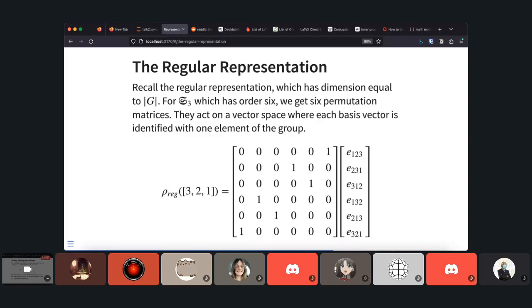Does that make sense? Is there anyone who doesn't believe that for this representation, which is way too big, on the identity there are ones all along the diagonal, and there are all zeros on the diagonal for every other element? Okay, cool. I'm glad.